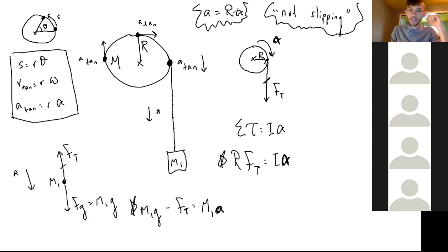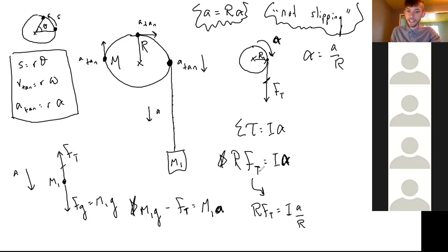I can rearrange this and say that my alpha is going to be equal to a over R. I can plug that in here, and now I have two equations that speak the same language. So this equation becomes R F_T equals I times a over R.